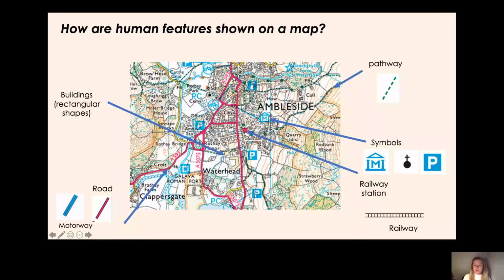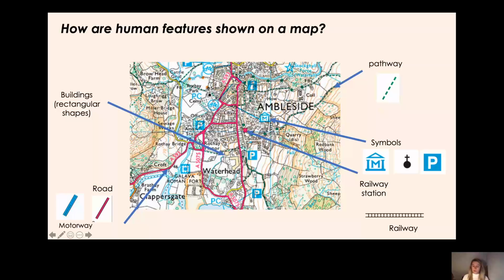So can you see along the map where my arrow is from pathway, you can see that there is a dotted green line, and that shows a pathway, and they are all over the map. So this is quite a big walking area by the looks of it, isn't it? Because it has lots of different pathways shown by a dashed green line.